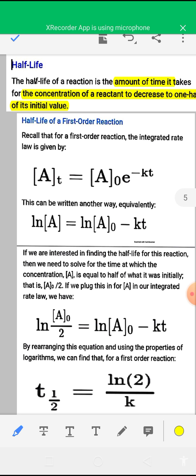That is, at half-life time the concentration of reactant becomes half of its initial value. Okay, so you have to calculate the half-life for zero order reaction and first order reaction.